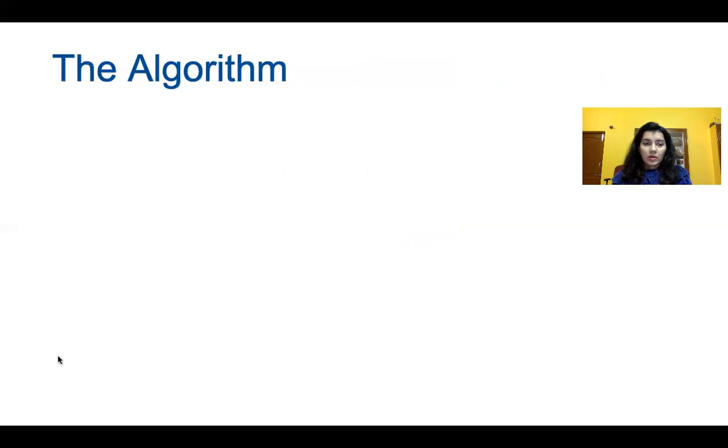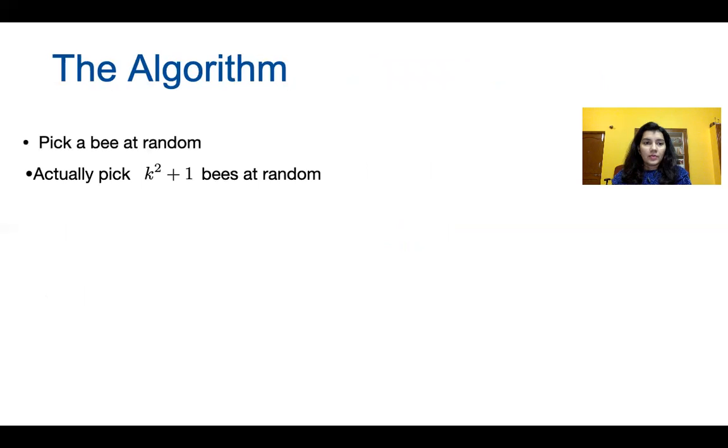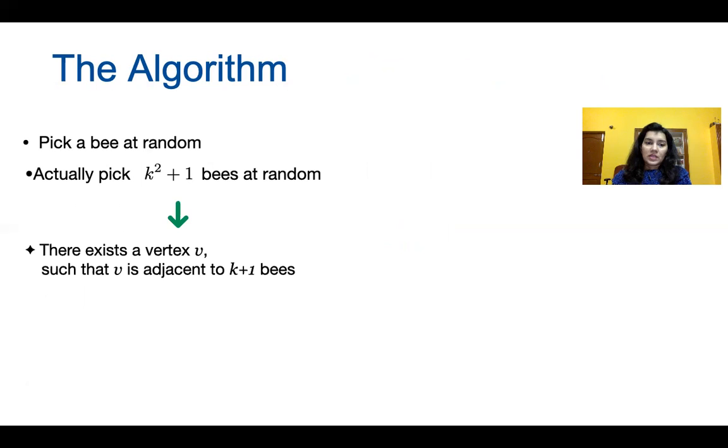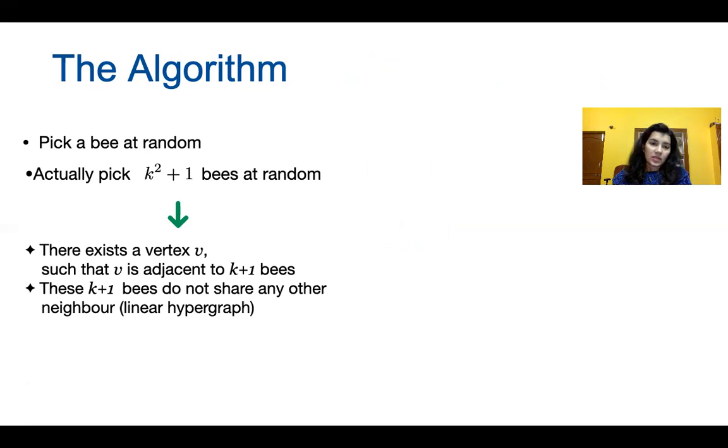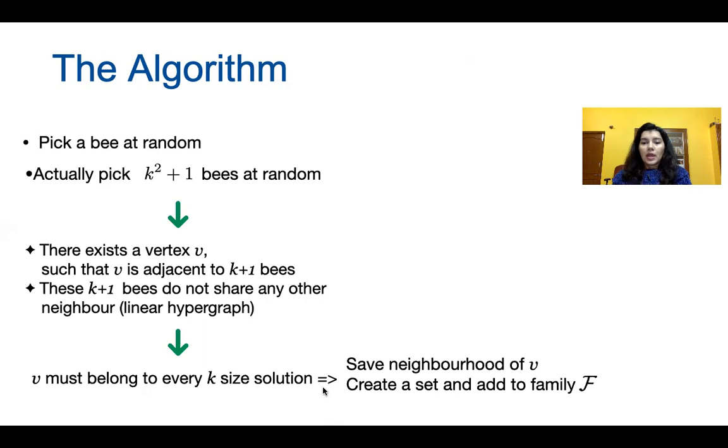The algorithm is now like this: you pick k square plus 1 b's at random, and we say that there will always exist a vertex v such that v is adjacent to k plus 1 b's, and these k plus 1 b's do not share anything else in the other partition, hence v must belong to every solution. Now we retain the neighborhood of v, create a set out of it, and add it to the family F.